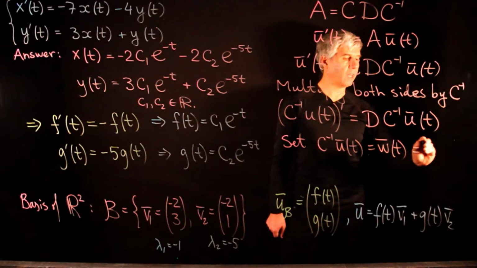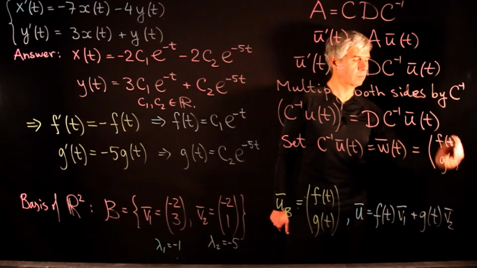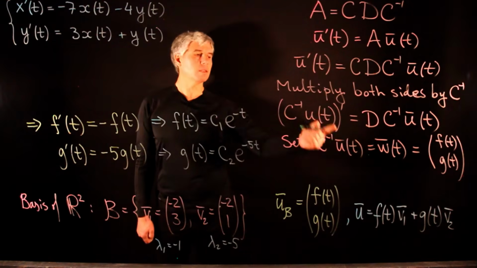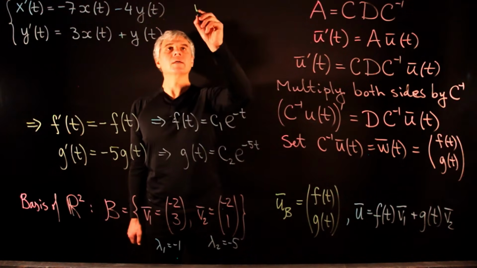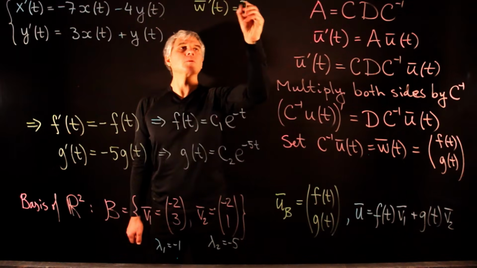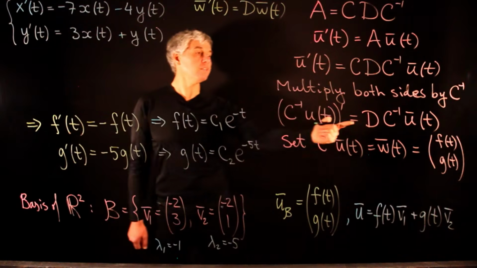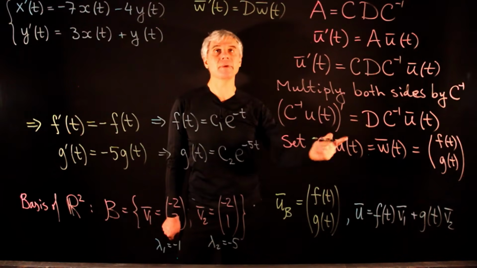and write it as a vector f of t and g of t. Then we see that the differential equation on w of t will be w prime of t is equal to D w of t. And here we have a great advantage because D is a diagonal matrix.